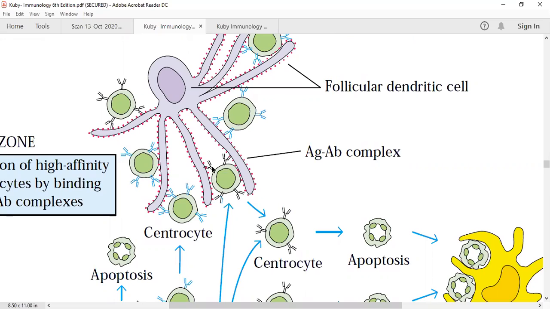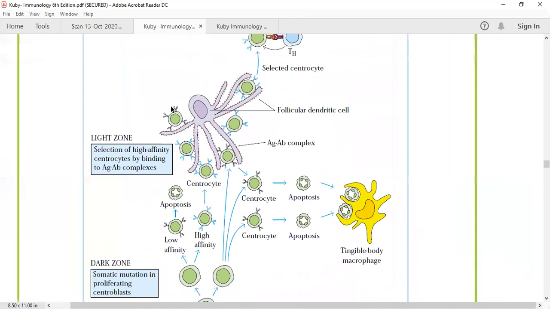So these antibodies will bind with the antigens which are presented over the surface of these dendritic cells. Dendritic cells are the best antigen presenting cells. They present antigens. So the antibodies present over B cells or centrocytes will bind with these antigens so that they can recognize them.